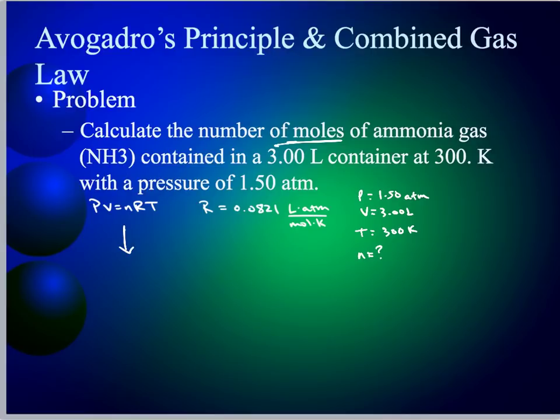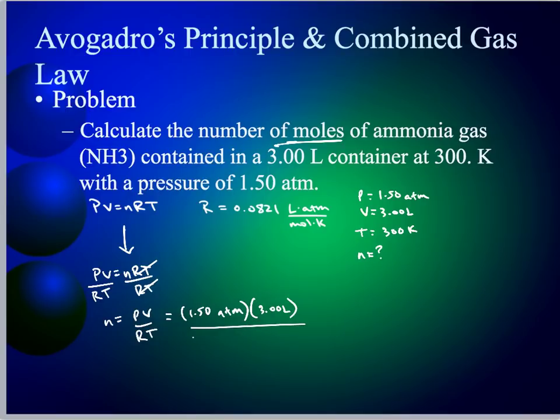So if I take the PV equals nRT equation and get n by itself, that means I need to get rid of RT on the right side. So I'm going to divide both sides by RT, and I get n is equal to PV over RT. And if we plug those values in, we have 1.50 atmospheres times a volume of 3.00 liters divided by R, which is 0.0821 liters times atmospheres over moles times Kelvin, and temperature is already in Kelvin, 300 Kelvin.